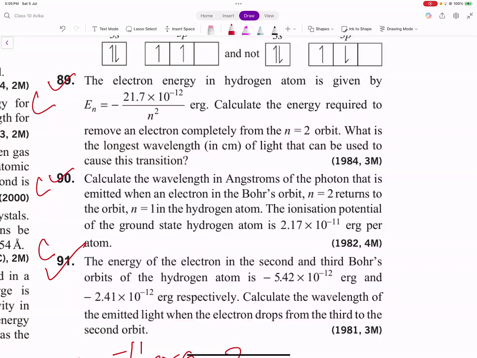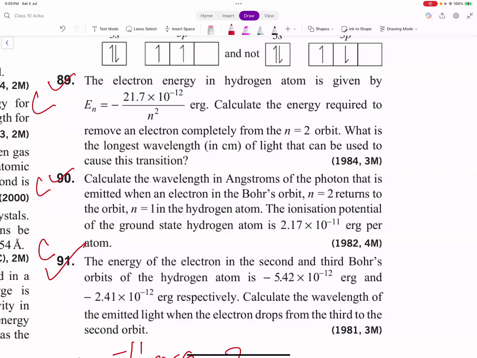So the answer is 3.249. I think angstrom. Why are we suddenly in angstrom? And which question? 89, right? So 89, you just calculate the energy required and then they use that.